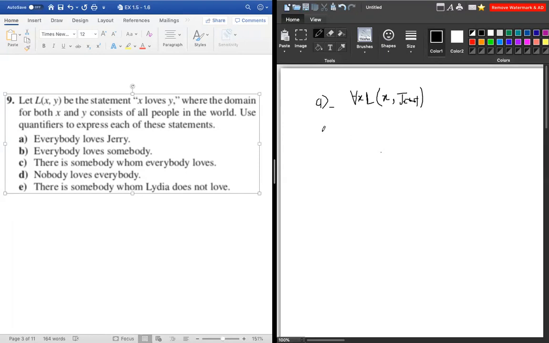So everybody loves Jerry. If it is everybody loves everyone, then we will put Y here, and put for all Y at the front.